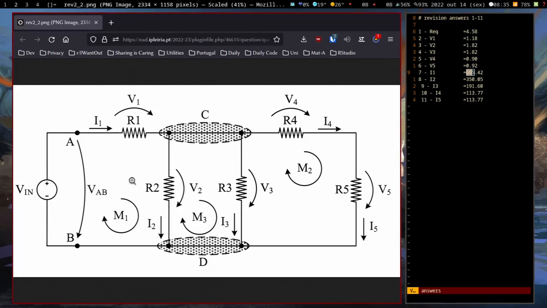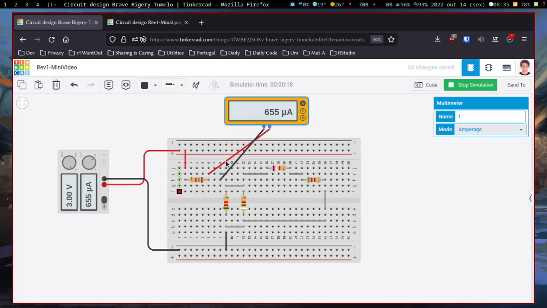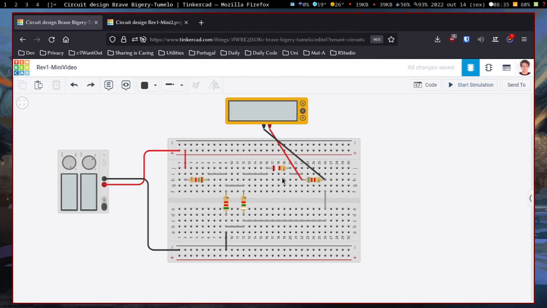We need I2 now, which is right after R2. So R2 is right here. The current comes from I2. That's here. Now I need to cut the system.